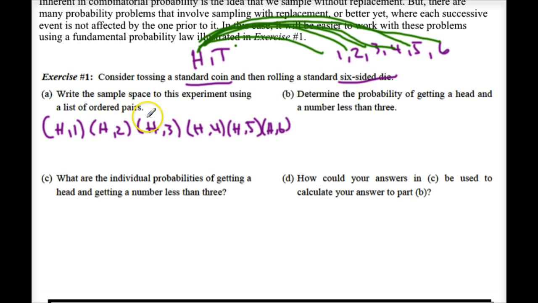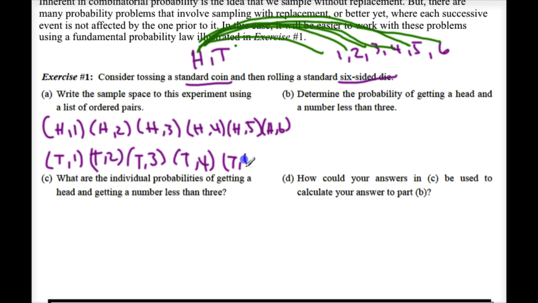And we also know that the tails can do the same thing. Tail go to 1, tail go to 2, tail go to 3, tail go to 4, tail go to 5, and tail go to 6. And those are my possibilities. We could have done this in a tree diagram, but it says write it out.